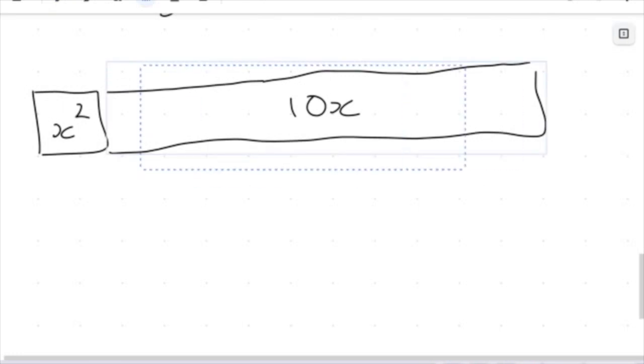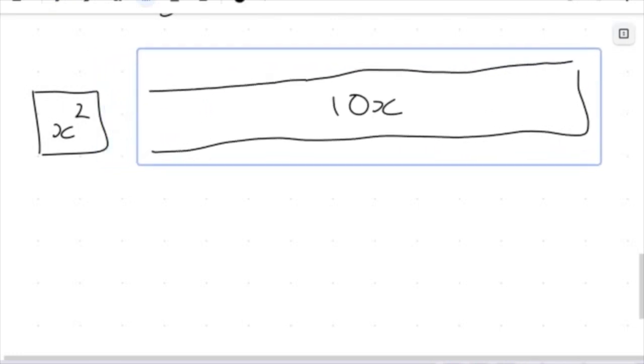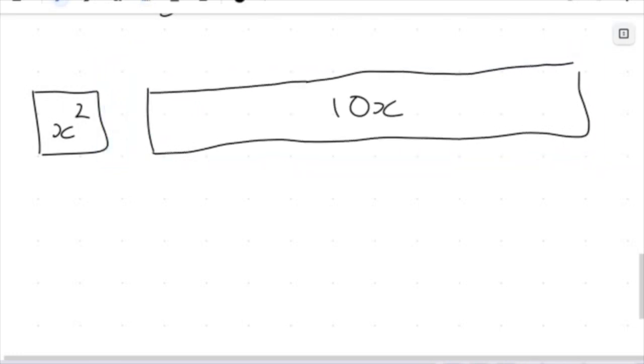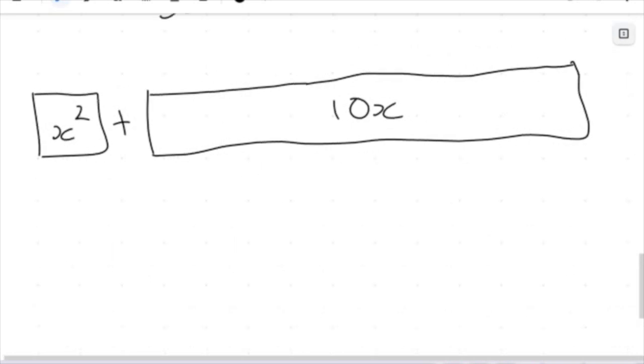and I want to be adding these two together. So we're using the same geometric approach here. Now I have a little square here of dimensions x by x, and I have another one here with dimensions x here because that lines up with this.